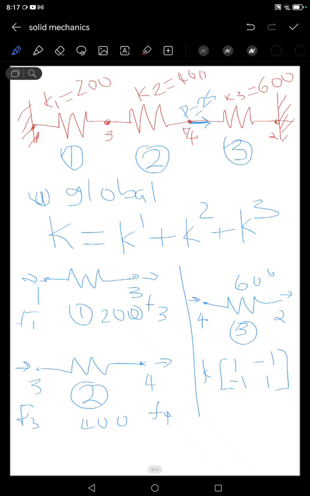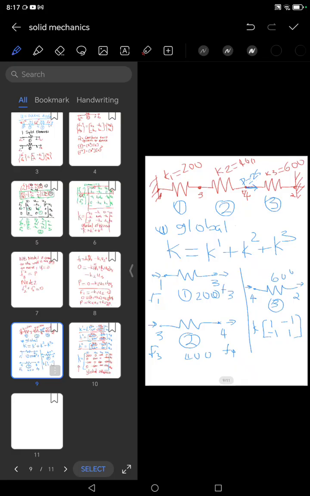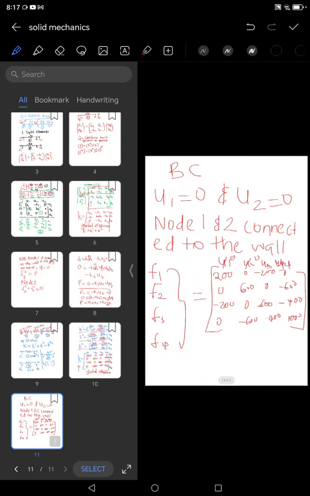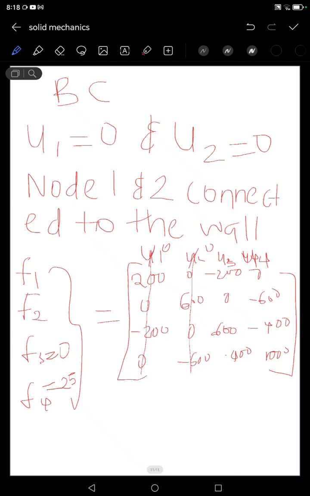So F3 is going to be 0 because there's no force applied. And at node 4, we have 25 kilonewtons, so F4 equals 25. And remember, U1 and U2 are 0, which makes everything here equal to 0.